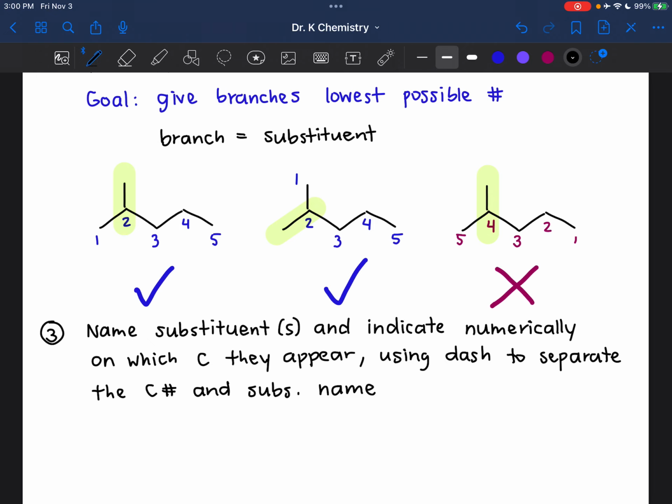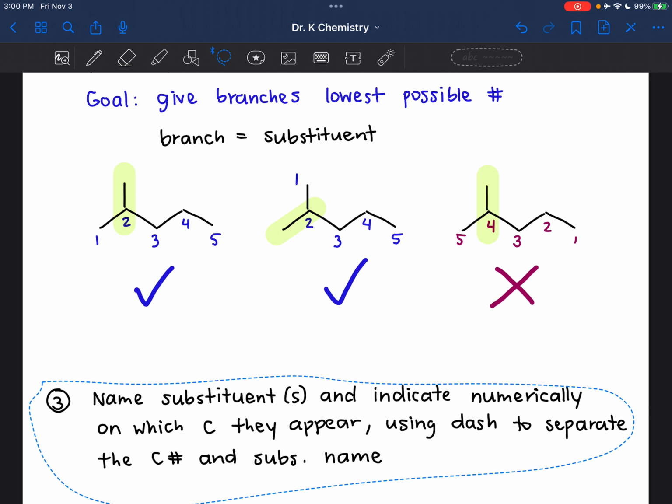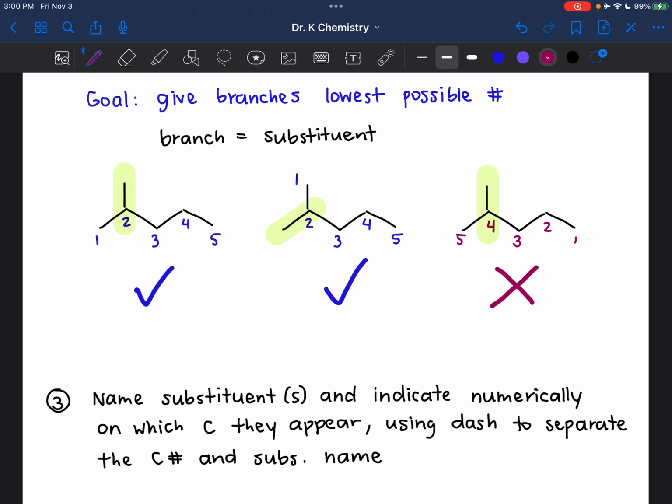So in our previous example, I'm just going to move this down a little bit. Okay. I see that this substituent has 1 carbon, and the prefix for 1 was meth, so it gets the prefix meth. I will give it the ending yl, which tells me that this is a substituent, right?